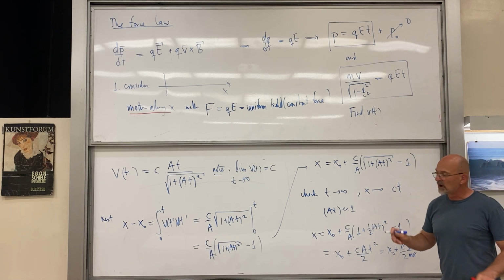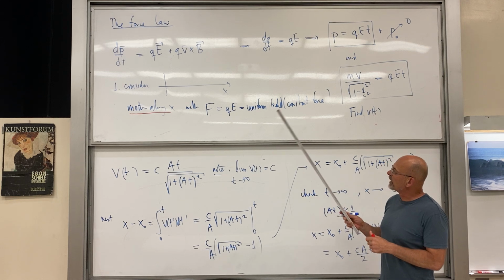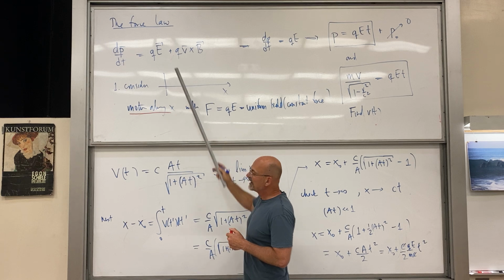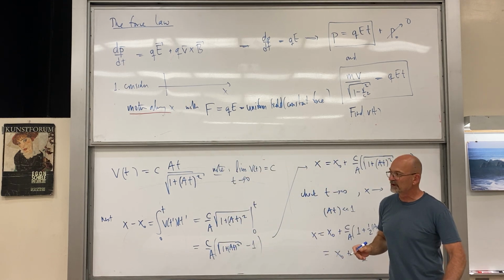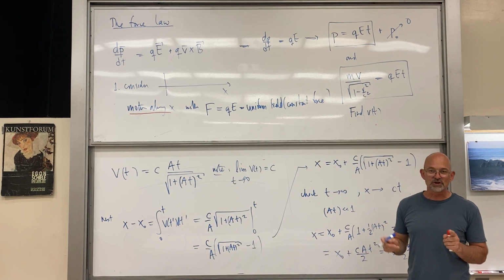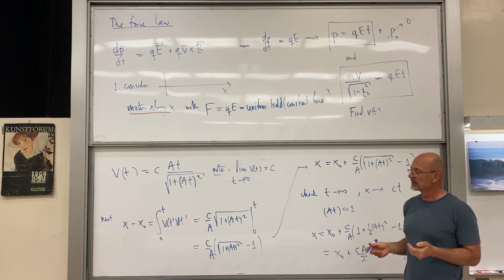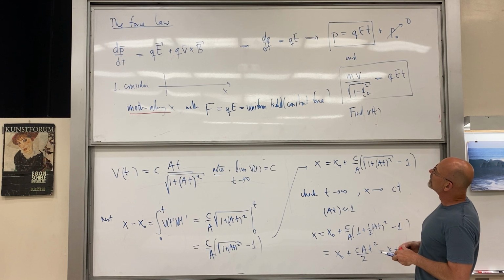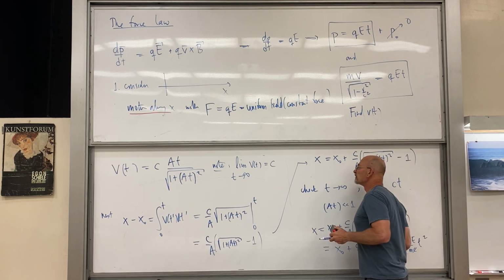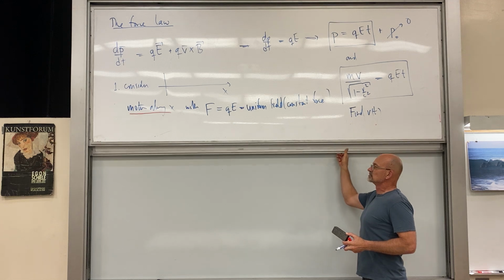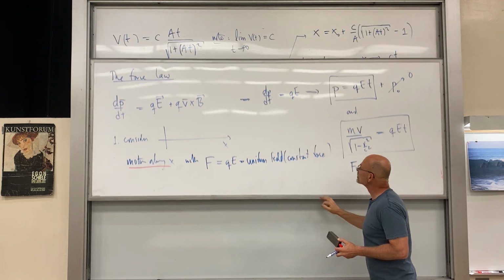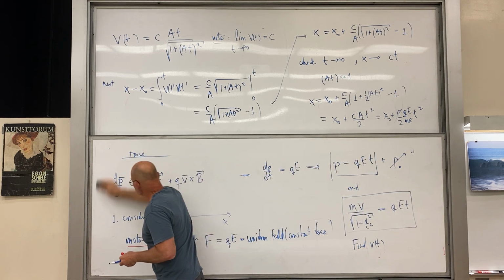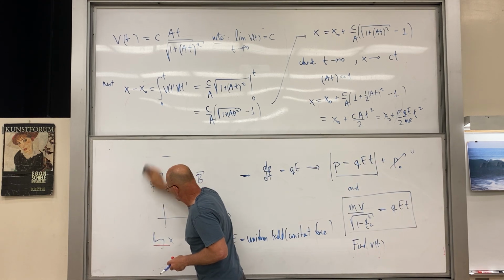Now the next one we want to do is going to be trickier. We want to have the motion in x and y, because we're going to get the relativistic version of what we could call projectile motion. So let's set this up and rewrite everything.